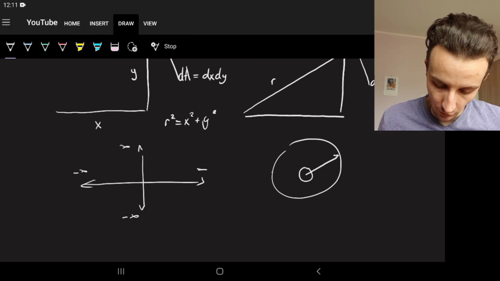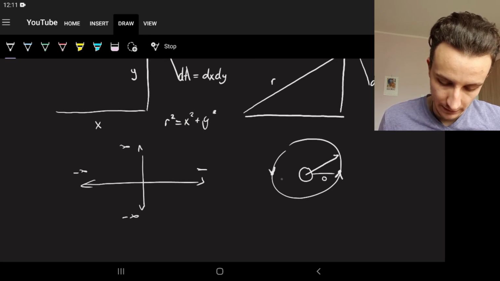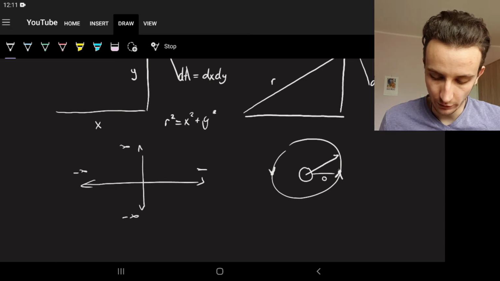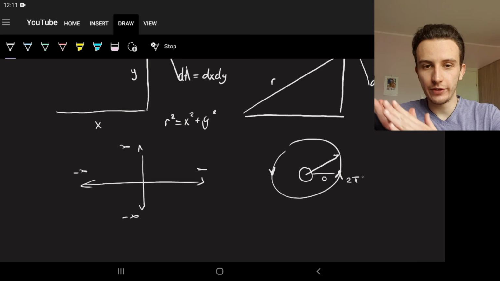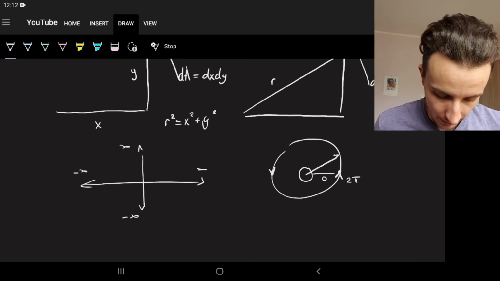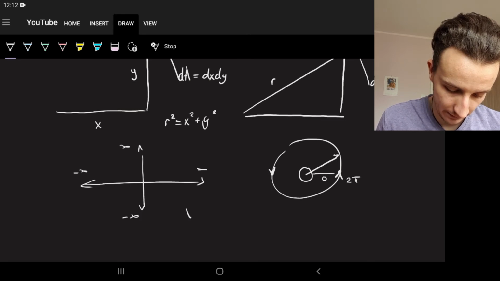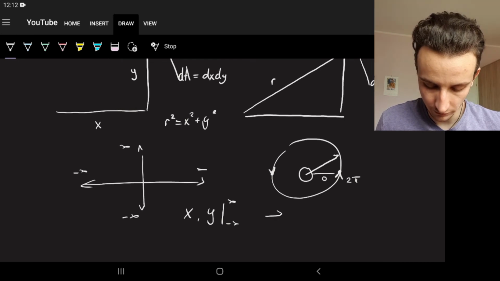So we want to cover theta from 0 to 2 pi, right? Well, this is pi. We want to go all the way around, right? And then r just goes from 0 to infinity, and we have r encompassing the whole circle. So where we had x, y from minus infinity to infinity, we now have r from 0 to infinity and theta from 0 to 2 pi.